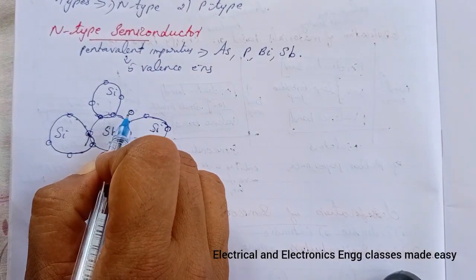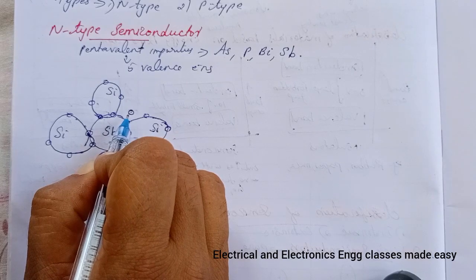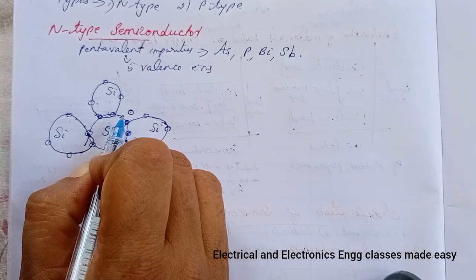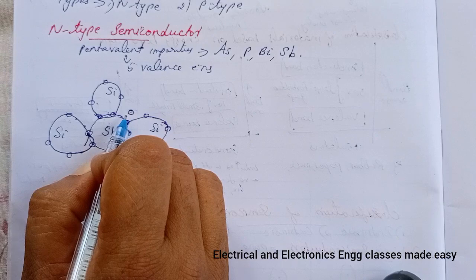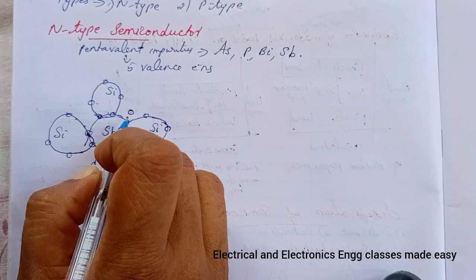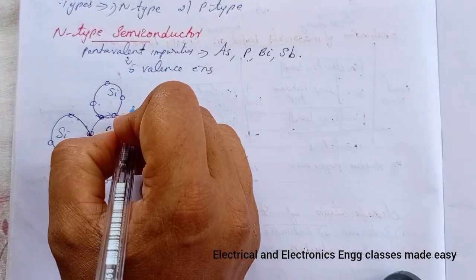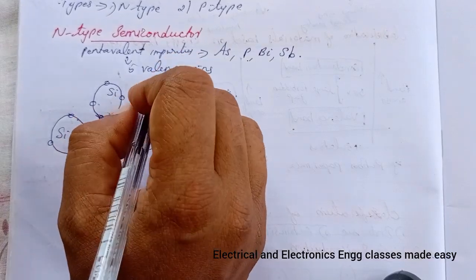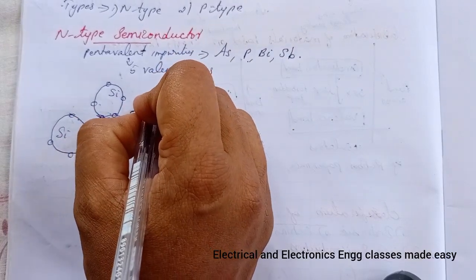The 5th electron does not have an atom with which it can enter into a covalent bond, and therefore it becomes a free electron.